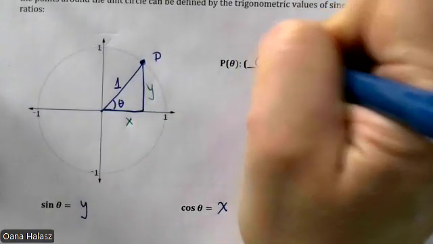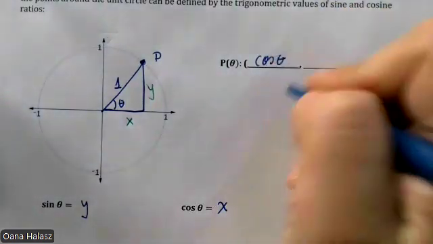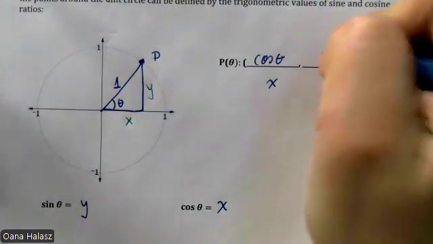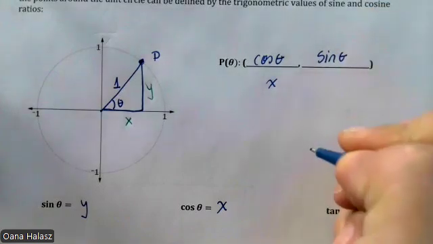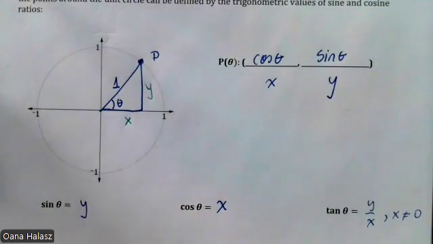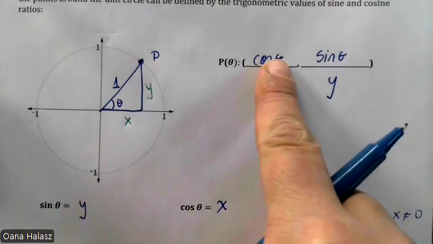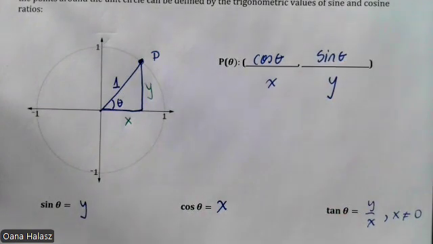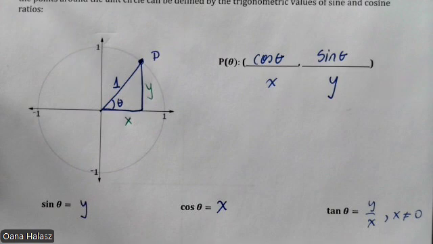So cosine of theta is going to give you your x coordinate, and then sine of that angle theta will give you the y coordinate, or vice versa. If you know the x and y coordinate on the unit circle, you actually know the value of cosine and the value of sine for that particular central angle in the unit circle. Make sense?